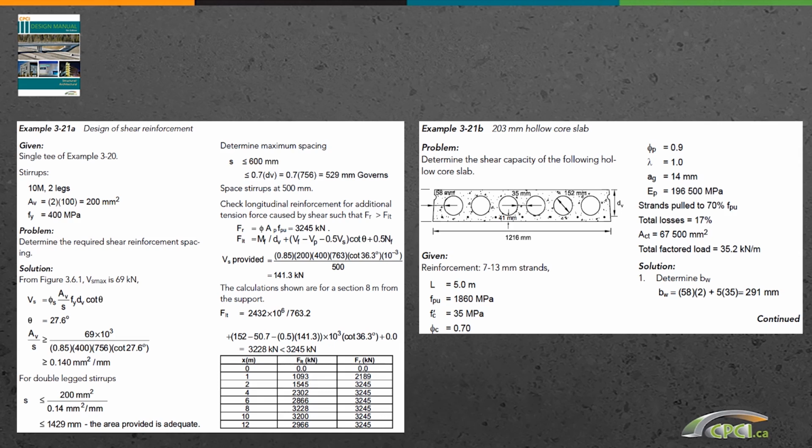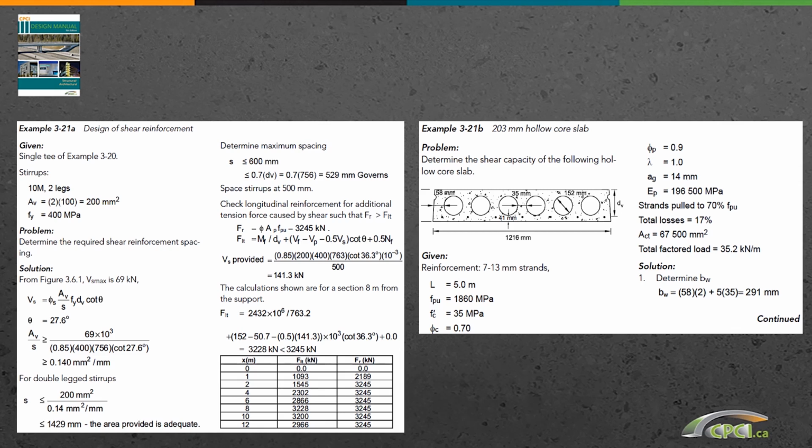We find out that S is 1429 by calculations, which is way higher than the maximum allowed by codes, which is 600. Therefore, we have to reduce that spacing to 600. After that, it can also be 0.7 dV.